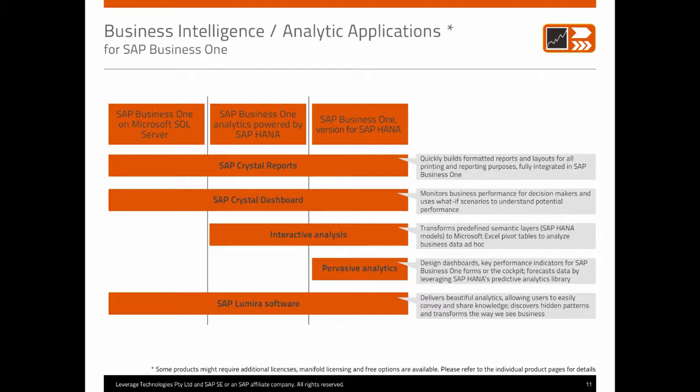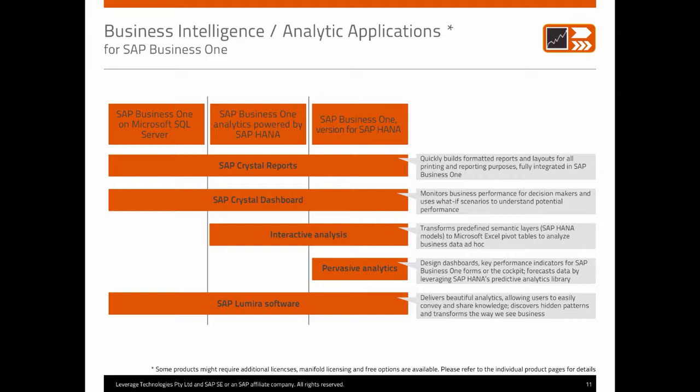But, you know, suffice it to say, there are tools that address different business requirements. If you need to quickly build formatted reports, then it's SAP Crystal Reports embedded with SAP Business One. If you need to monitor business performance and look at KPIs, then SAP Crystal dashboards are great for that.